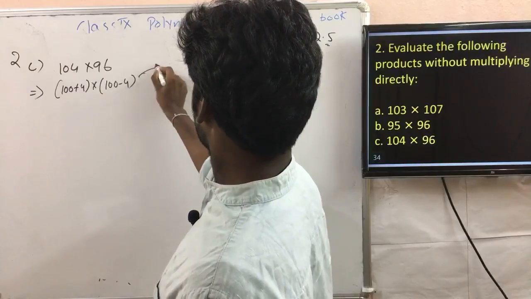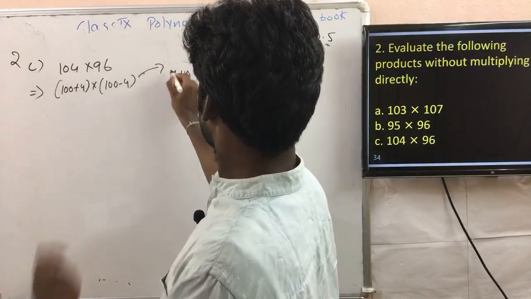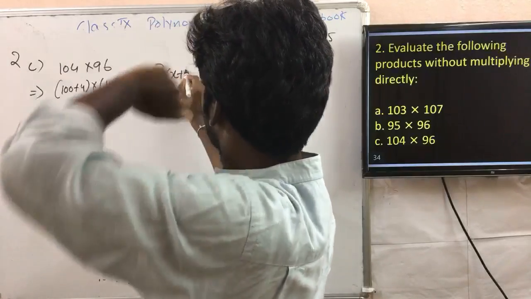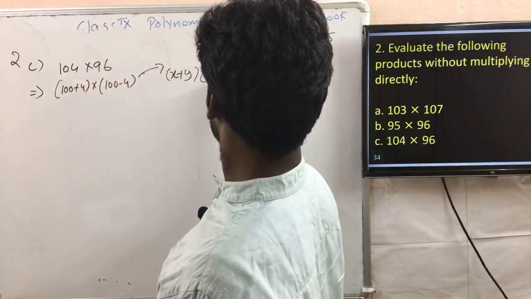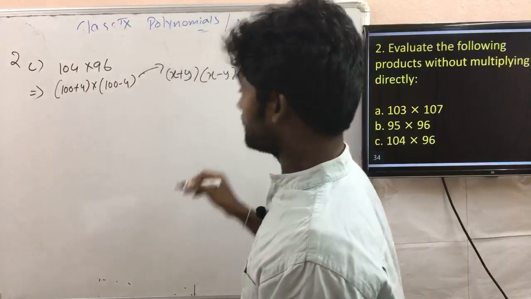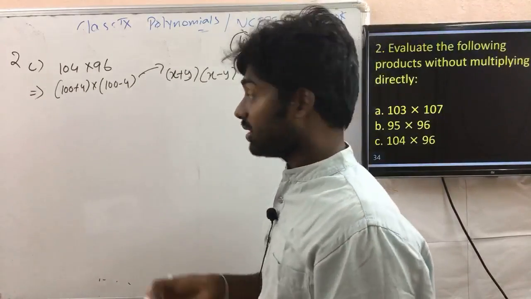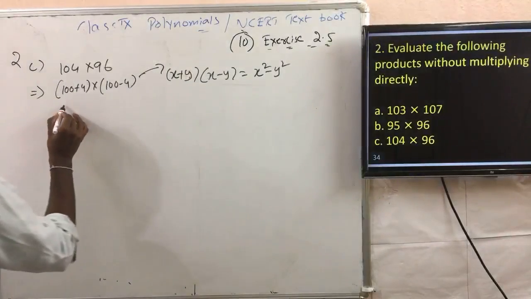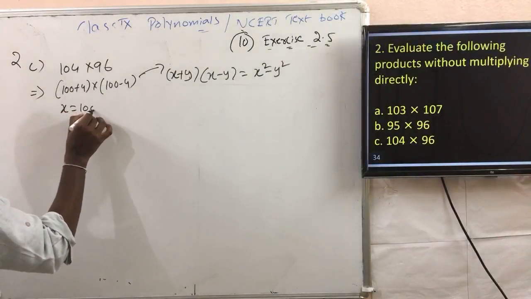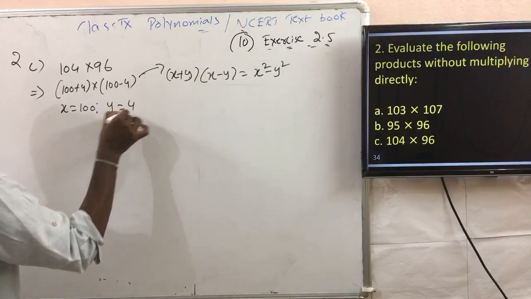So it is in the form of x plus y into x minus y, which results in x square minus y square. Here x equals 100 and y equals 4.